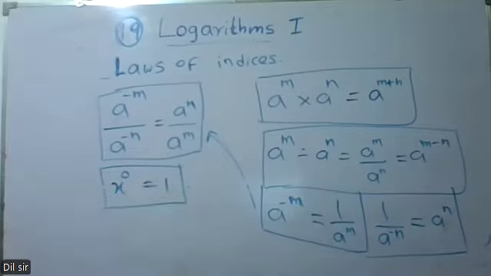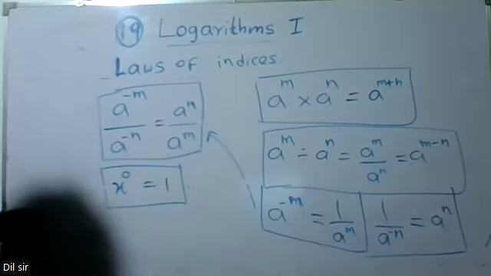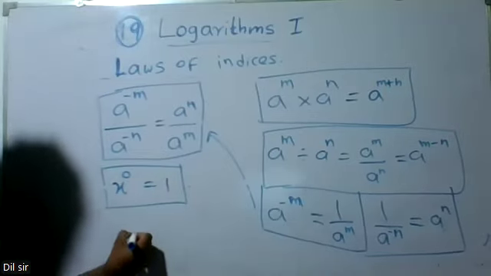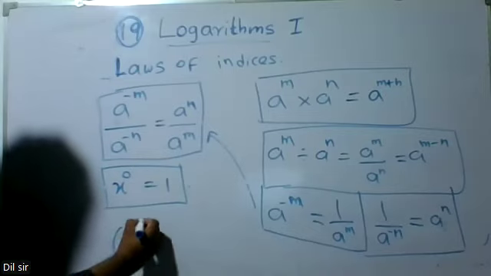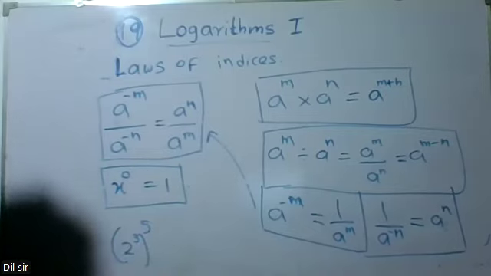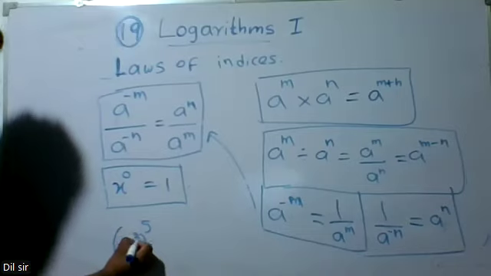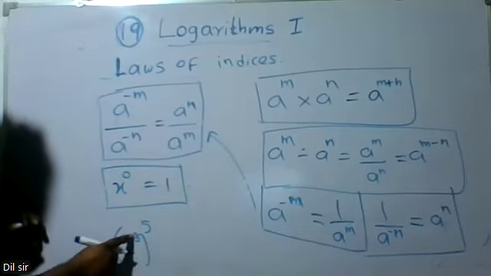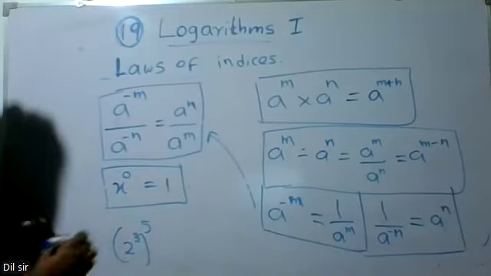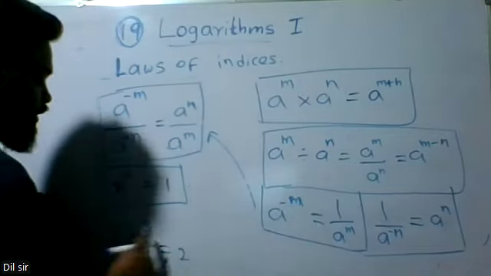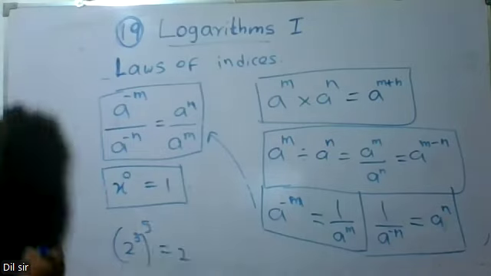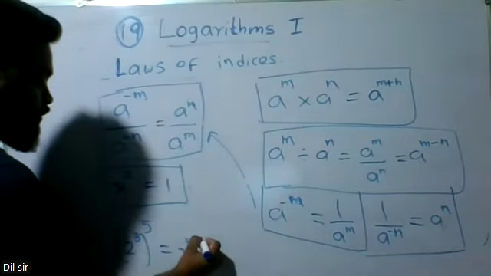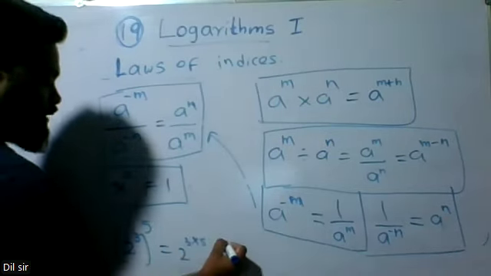Right, last one, power of a power. Remember these laws. 2 to the power 3 to the power 5. When it is like this, we call it power of a power. There is another power on this power. 2 to the power 3 to the power 5 can be written as 2 to the power, the 2 powers are multiplied, 3 times 5, it is 2 to the power 15.